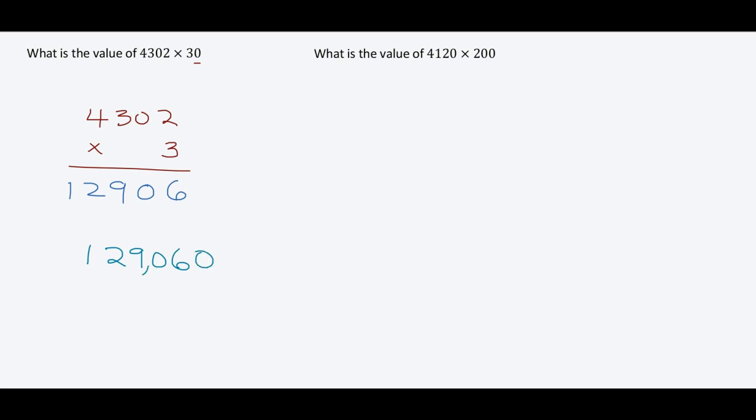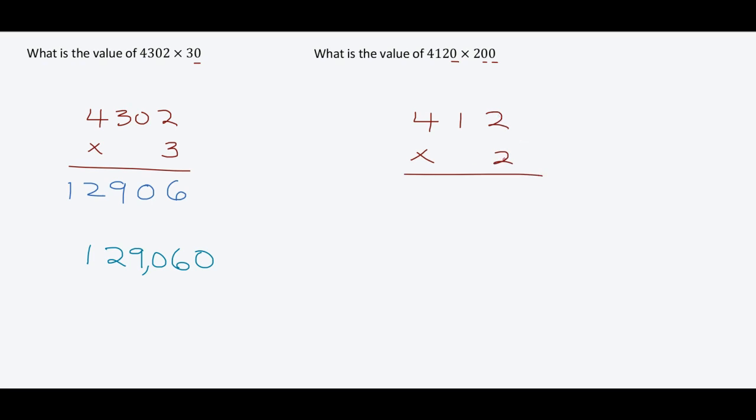The next one is 4120 multiplied by 200. Let's count the number of zeros. We have 1, 2, 3. So we have 3 zeros. So let's take note of the numbers without these zeros. So we have 412 multiplied by 2.